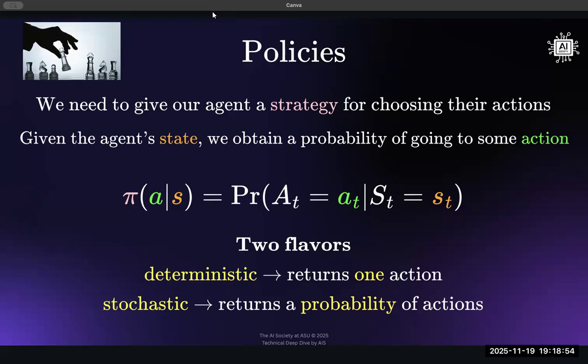This policy could be one of two things. It could be deterministic, it returns one action, or it could be stochastic. It could return a probability of action. So maybe action one has probability 50%, action two has probability 30%, and so on. So we could then choose across this probability distribution of actions which action we want to pick.